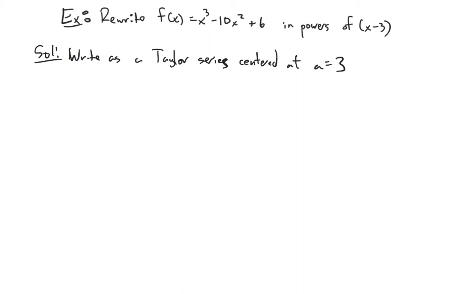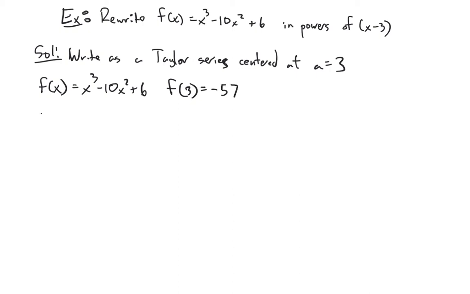Okay, so we have our function f of x, and if we, well, let's just write that down, x cubed minus 10x squared plus 6, and if we plug in where we're centering it, 3, we get 3 cubed, 27, minus 90 plus 6, which you can check is negative 57.